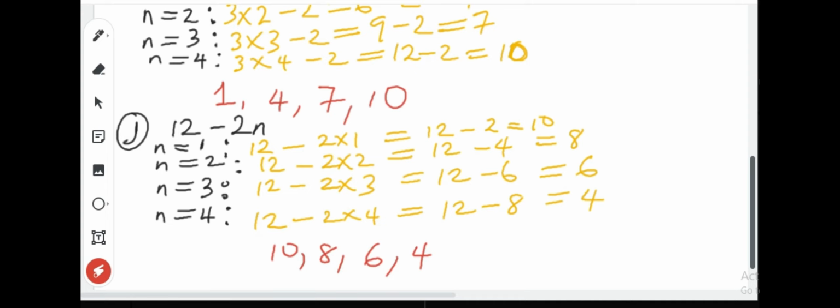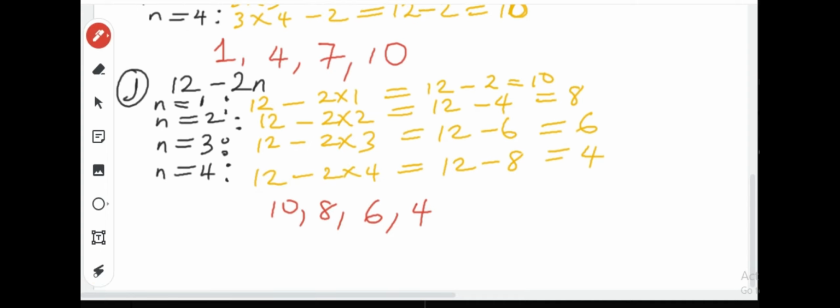For example, if we are asked to find the 7th term, it means n is equal to 7.